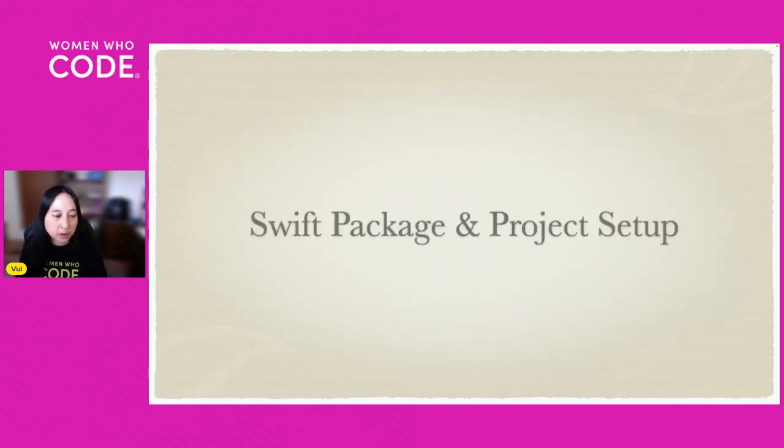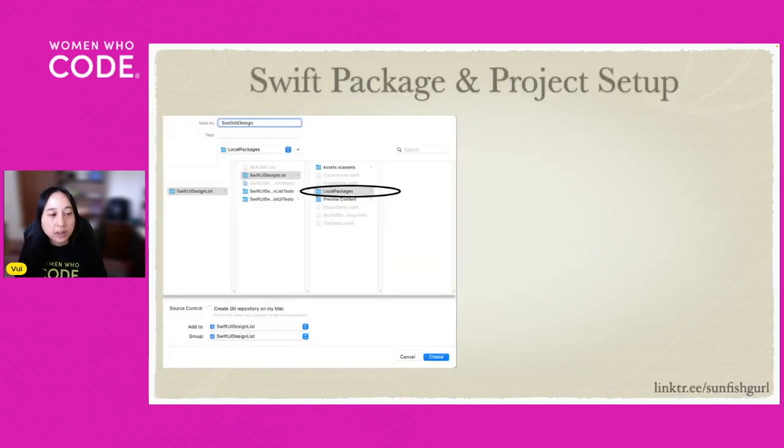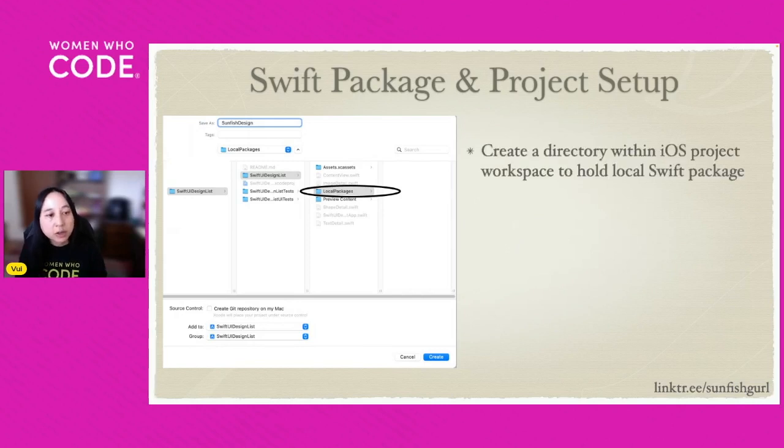So now let's start by going over how to set up our Swift package and project workspace. Since we want to start by creating a local Swift package that you can build in tandem with your iOS project, you would do that by creating a directory within your iOS project workspace to hold your local Swift package.